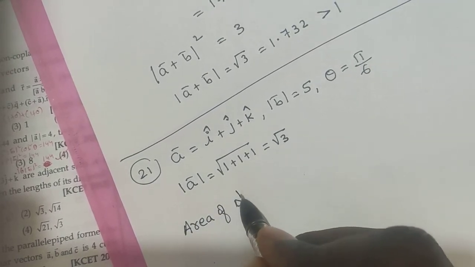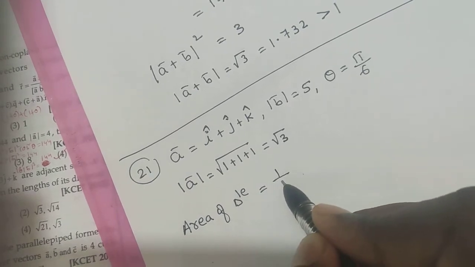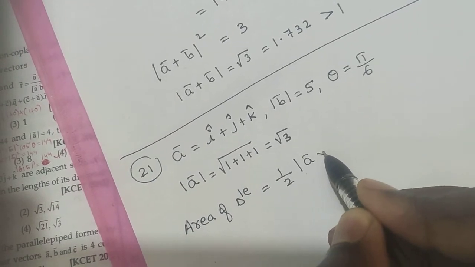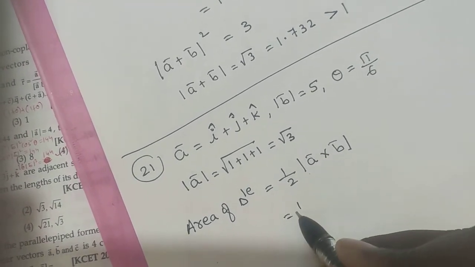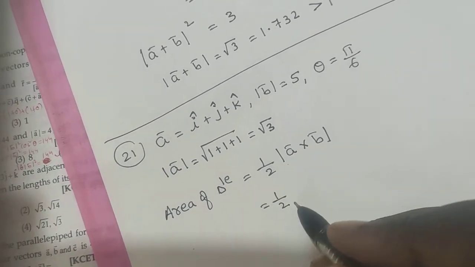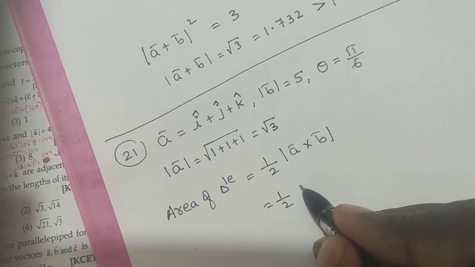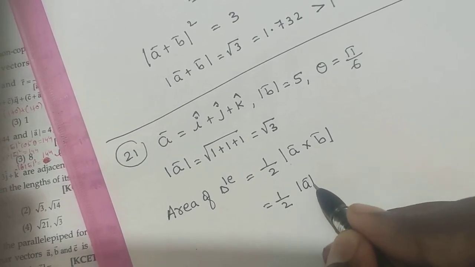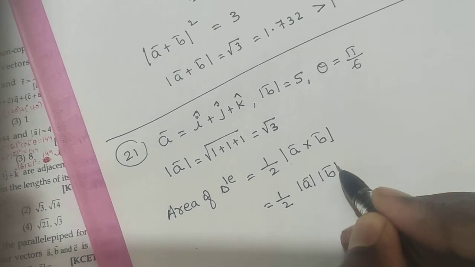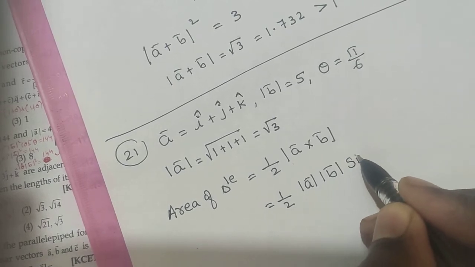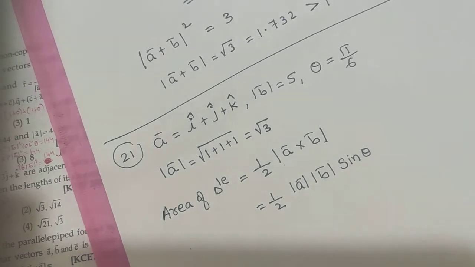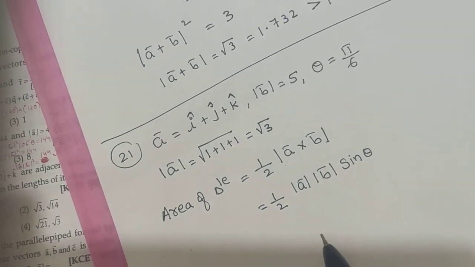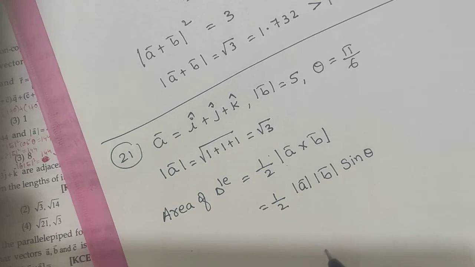If we know the adjacent sides, the formula is half into modulus of A bar cross B bar. That equals half into, what is modulus of A bar cross B bar? That is nothing but mod A bar into mod B bar into sin theta. Into n cap we are not writing because n cap is a unit vector, its magnitude is 1.